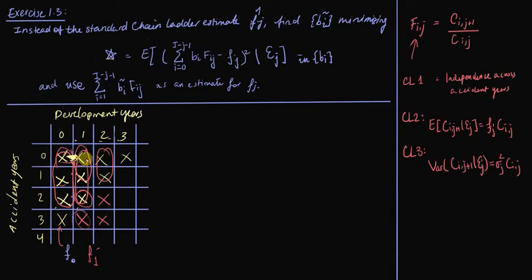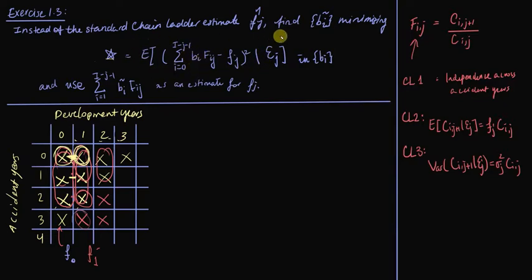For each accident year, we find it by taking this and dividing by this. What we wish to do in this exercise is to try and minimize the mean squared error between Fj and a weighted sum of the development ratios. We will try to minimize this mean squared error in Bi.